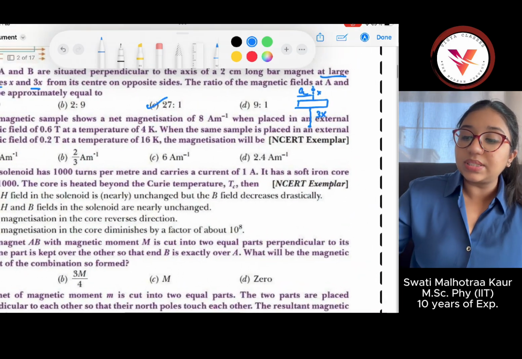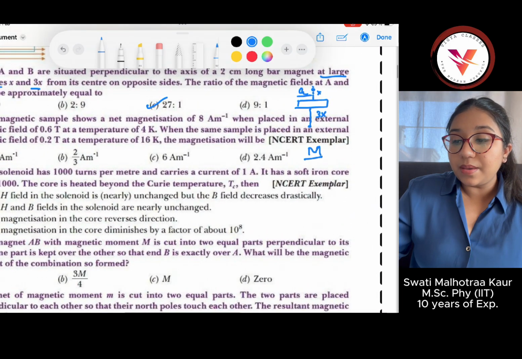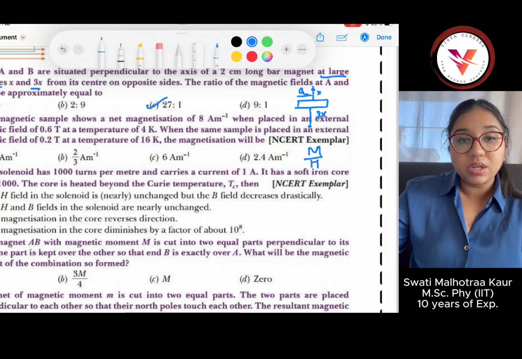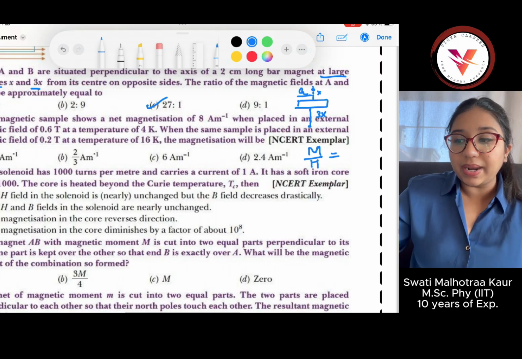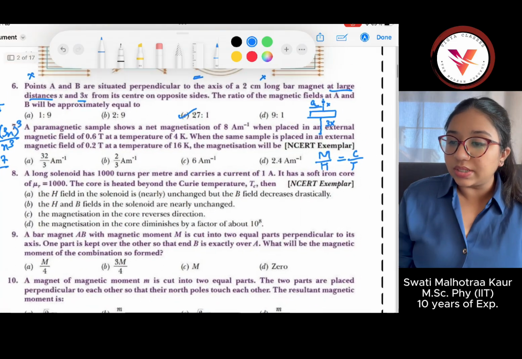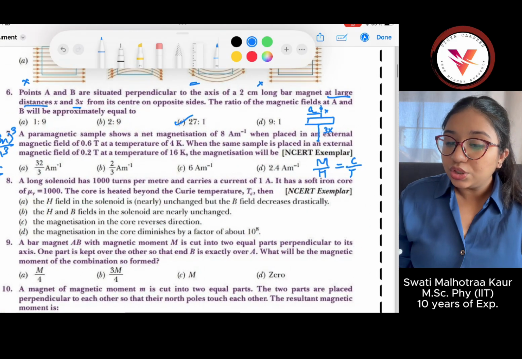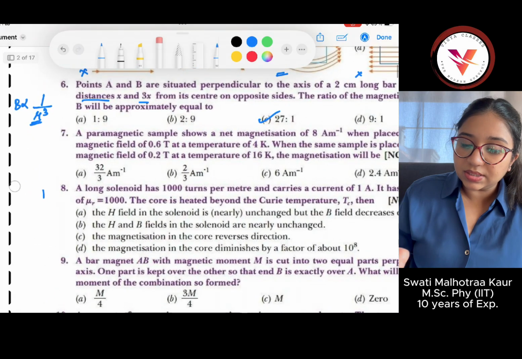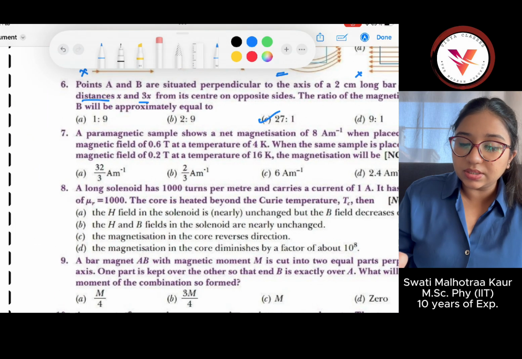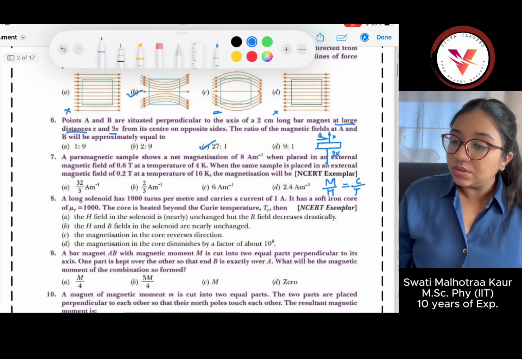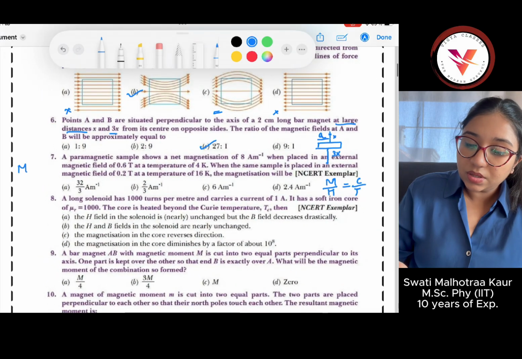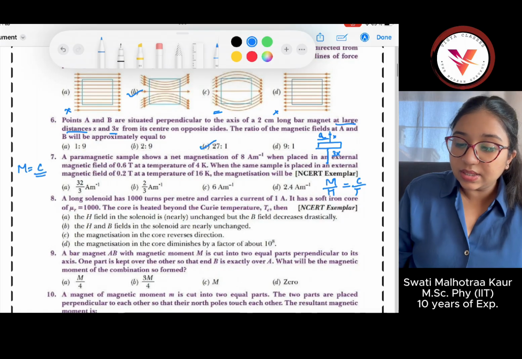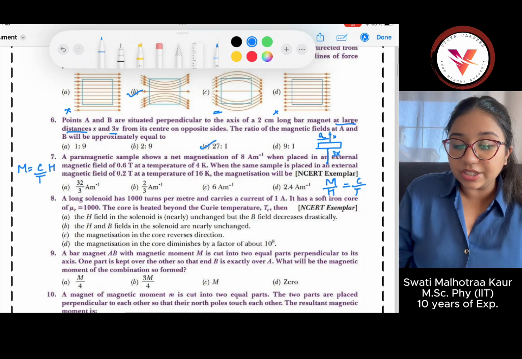The formula is M by H proportional to 1 by T, equal to C by T, where C is Curie's constant. I'm erasing this; you can pause and check the solution. So M is C by T times H.